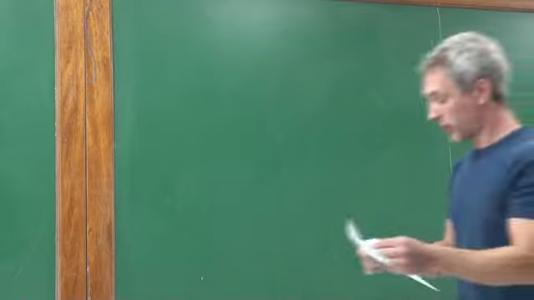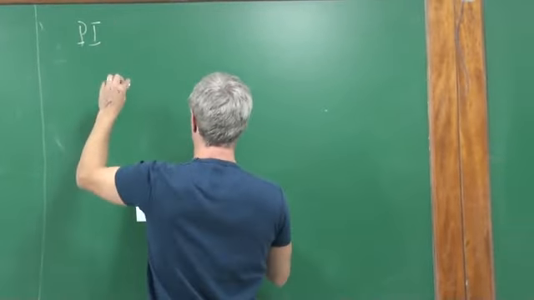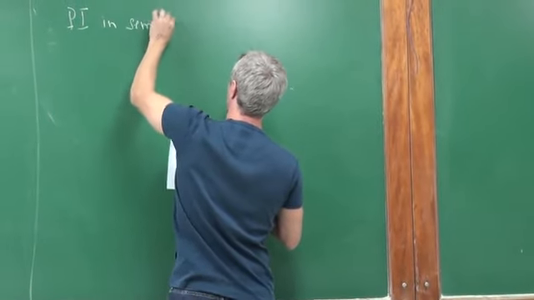So let's consider the same classical limit. Let's try to apply what we learned so far in the same classical limit, the path integral.